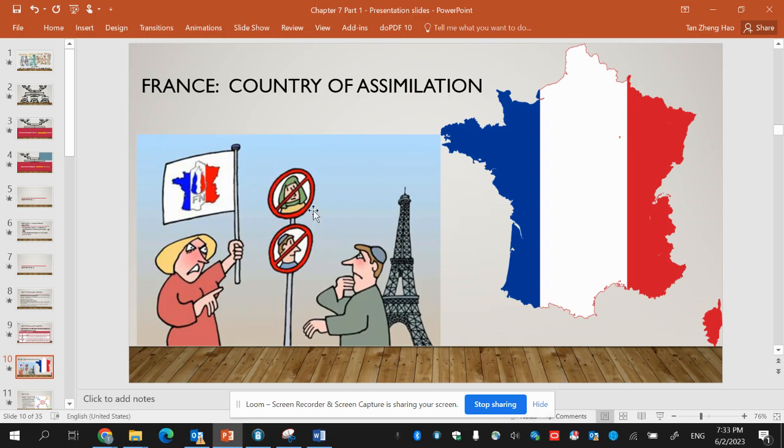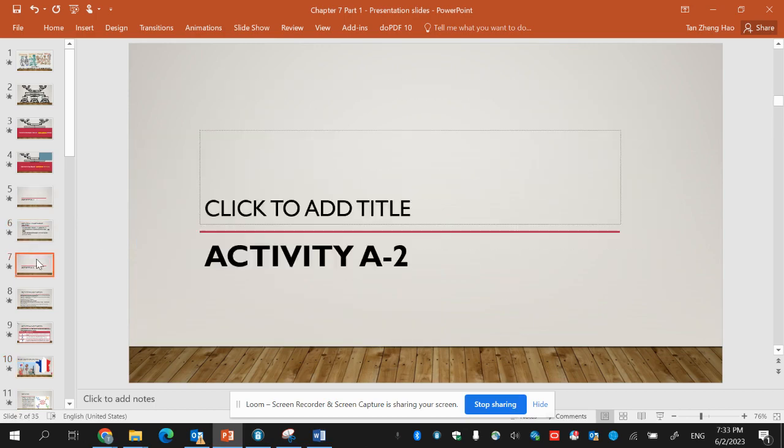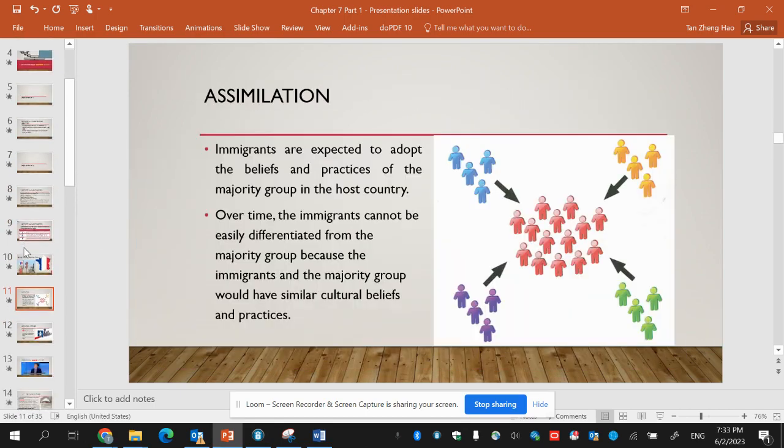You can see they don't allow people to wear their religious attire in public. And why is that the case? Because in France, we expect people to assimilate. France's method of managing people of different races and religions is to assimilate them.